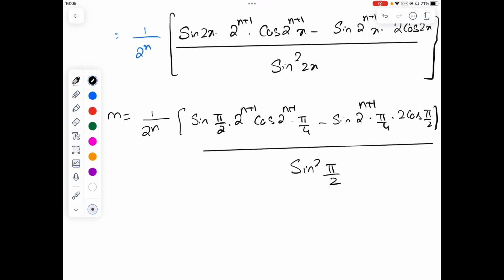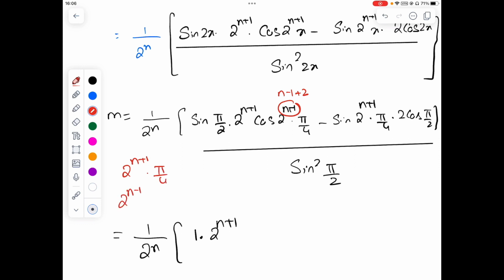Now, very carefully see how I simplify this one. 1 upon 2 power n, sine pi by 2 is 1, times 2 power n plus 1. This can be written as 2 power n minus 1 and plus 2. So 2 power n plus 1 times pi by 4 is 2 power n minus 1 times 2 square times pi by 4.